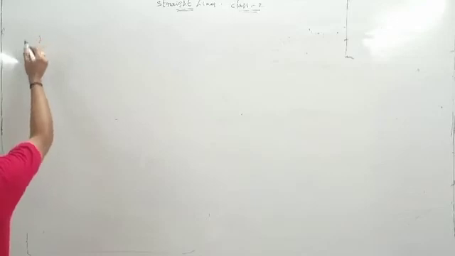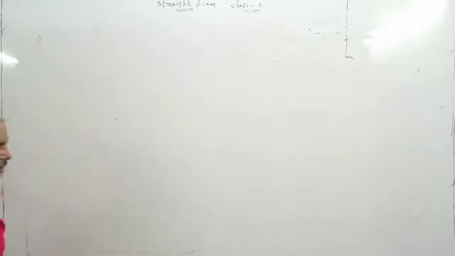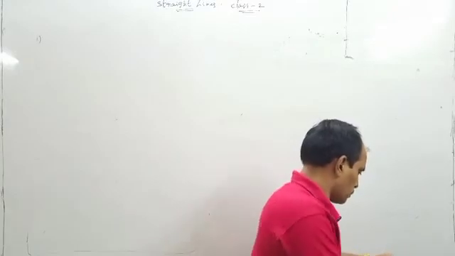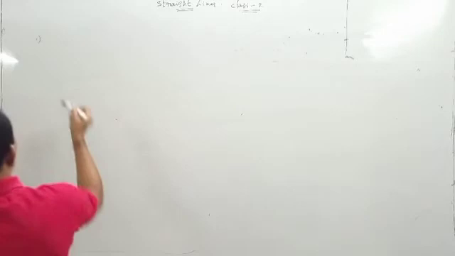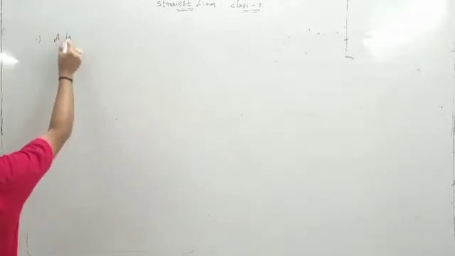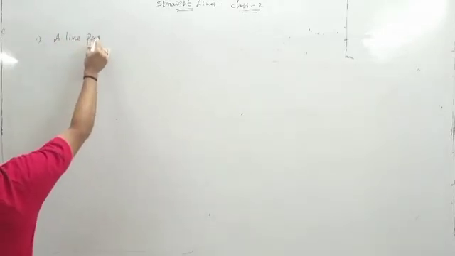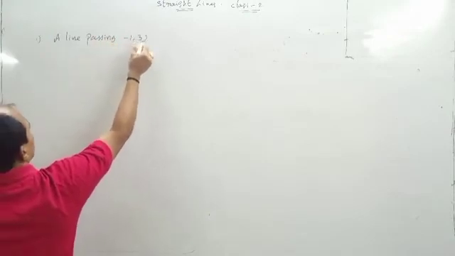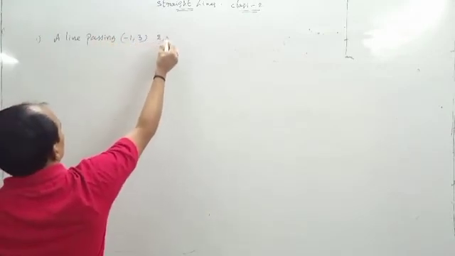Okay? Now, the problems. You see the problem. The first one is a line passing through minus 1 comma 3 and 2 comma 7.